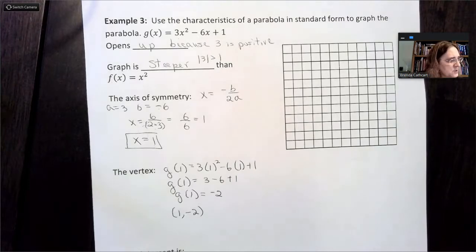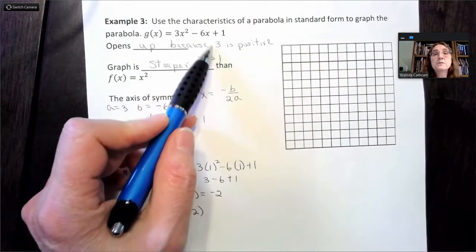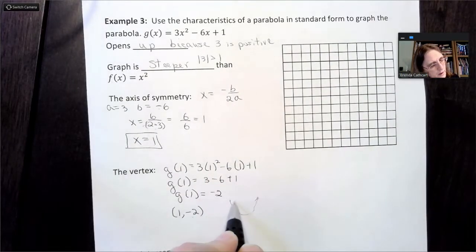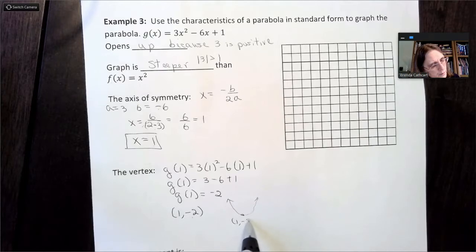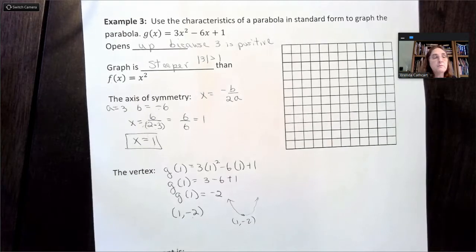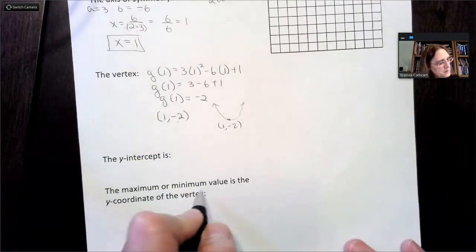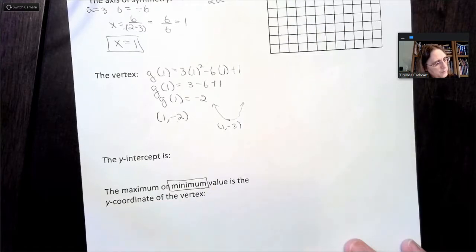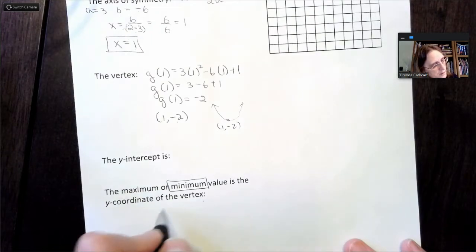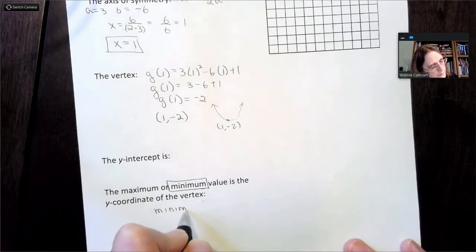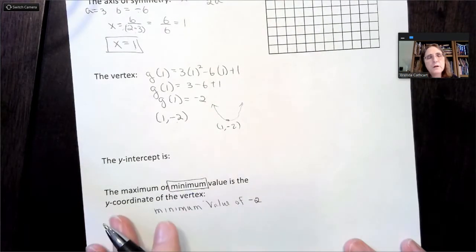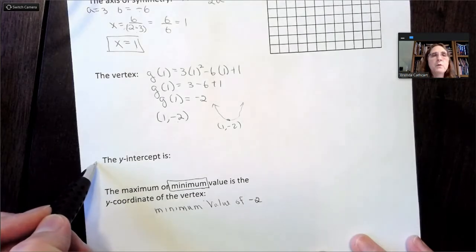Now, since this graph opens up because the 3 is positive, this point is going to be the lowest point on this graph. So this point is going to be a minimum value, and the y-coordinate of the vertex, which is the minimum value, is negative 2.